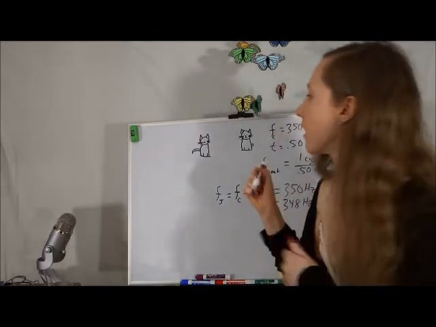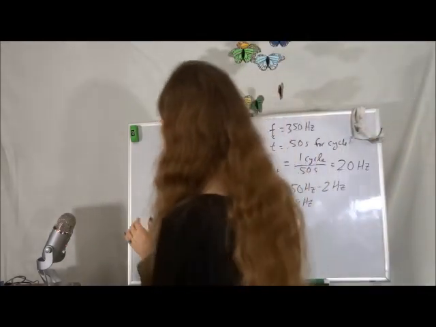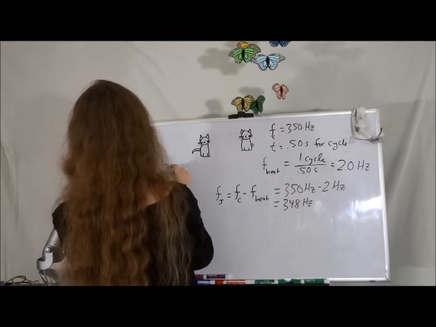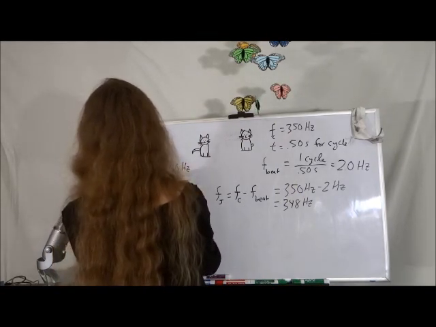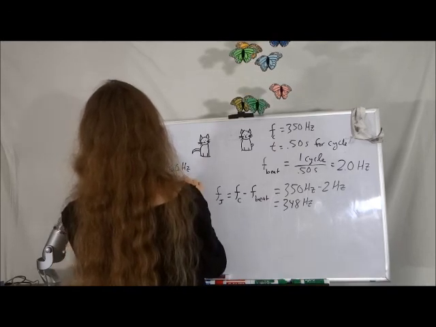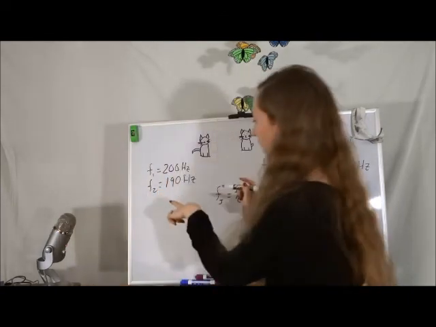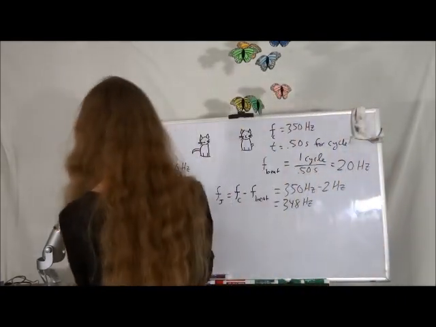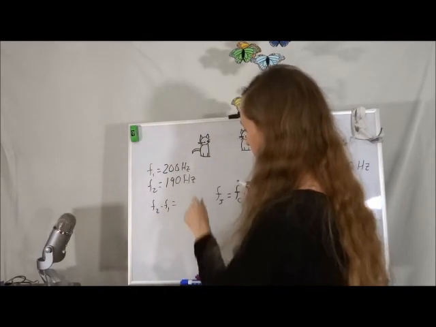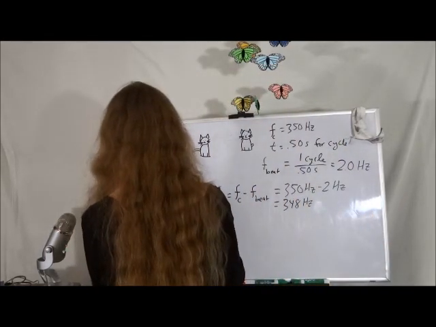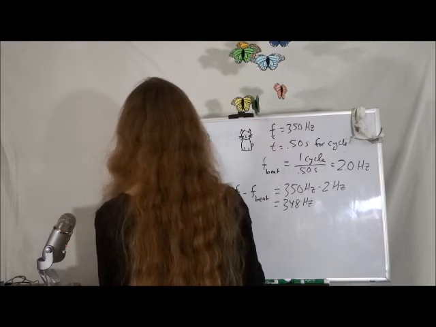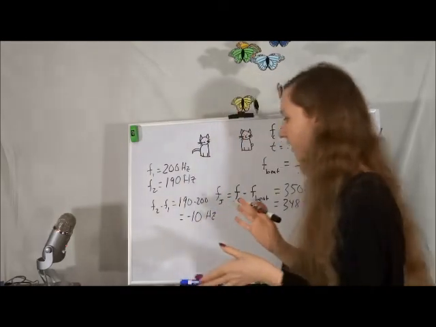It has to do with the arbitrariness of assigning beats. So if we say that F1 is 200 hertz and F2 is 190 hertz, if we wanted to find F2 minus F1, well, we'd have 190 minus 200, which would give us negative 10 hertz if we didn't take the absolute value.